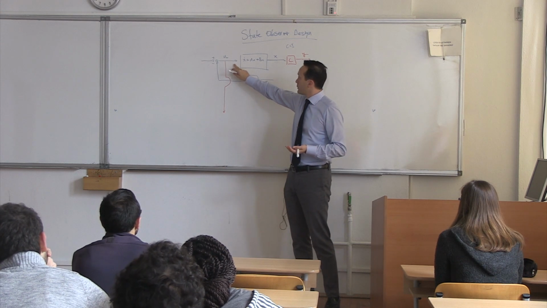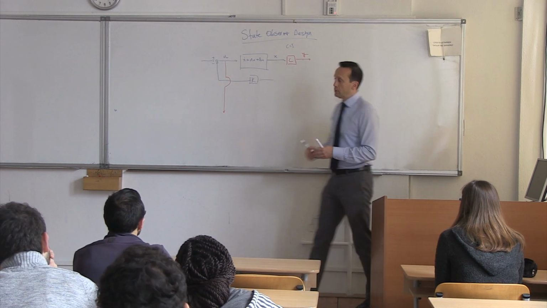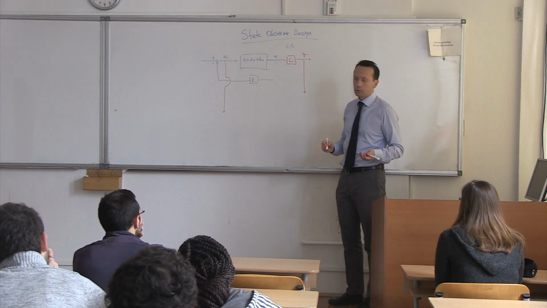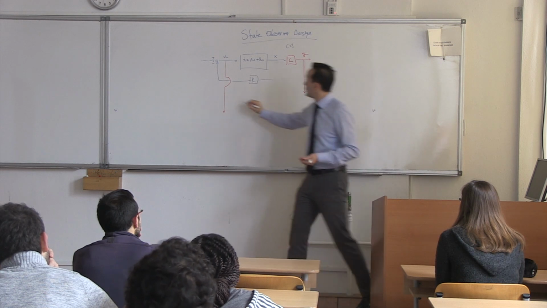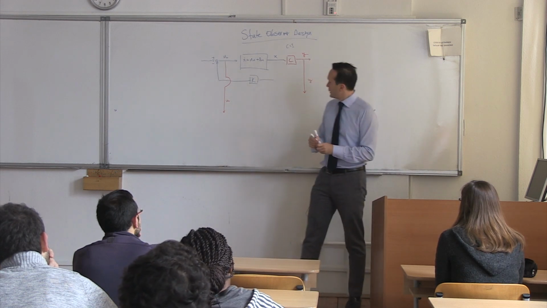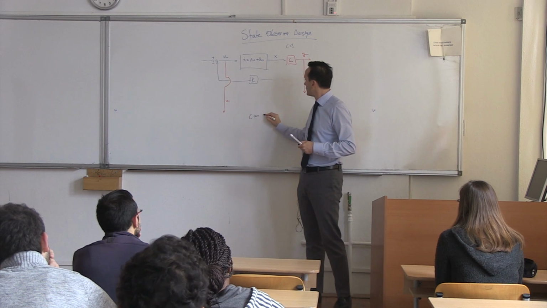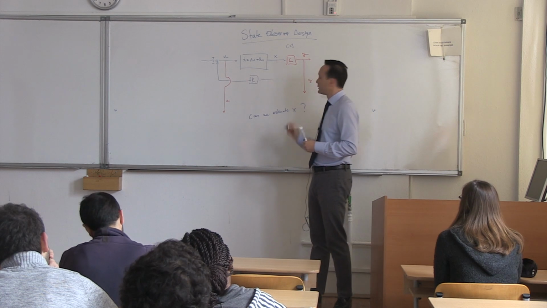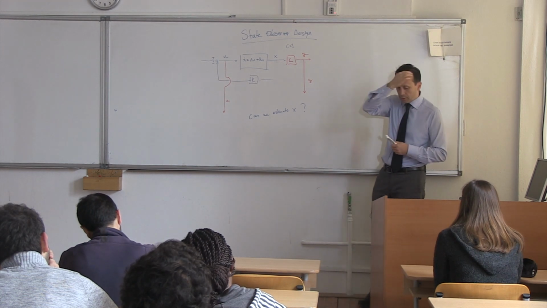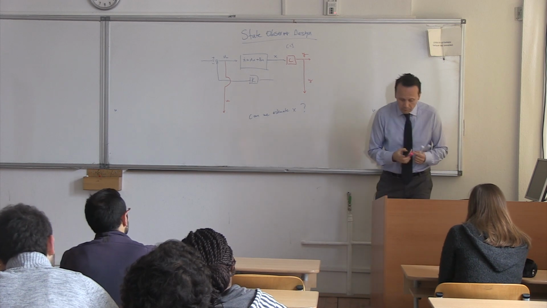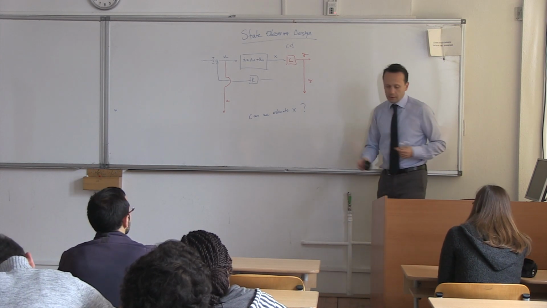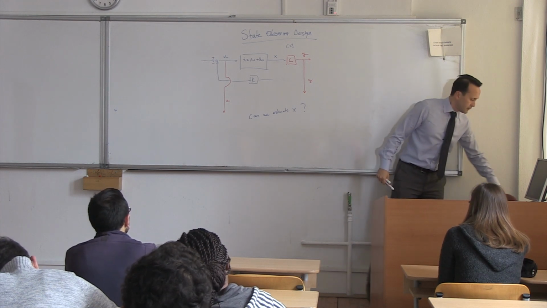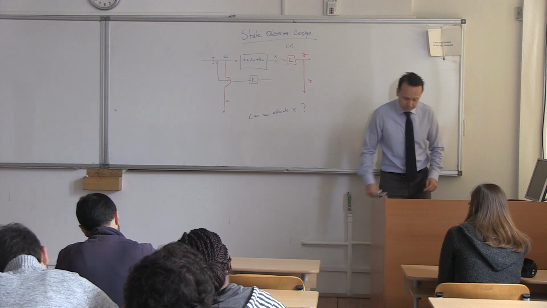So given U, and given Y, which is what we measure, the question is, can we estimate X? That's the question we are trying to answer today. And this is something that we have shown in observability: the answer is yes if the system is observable.